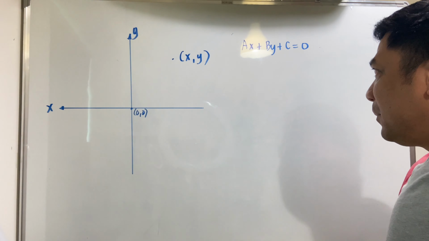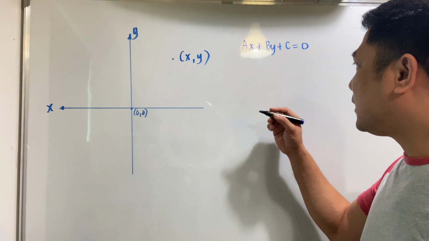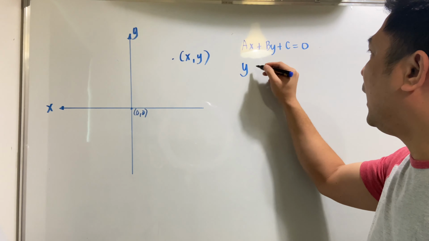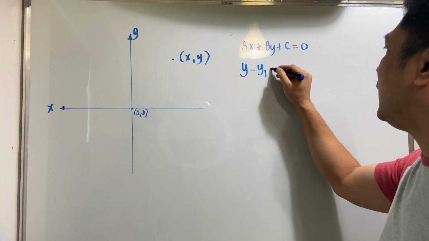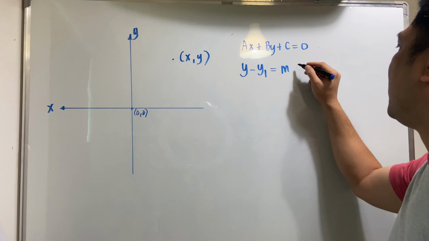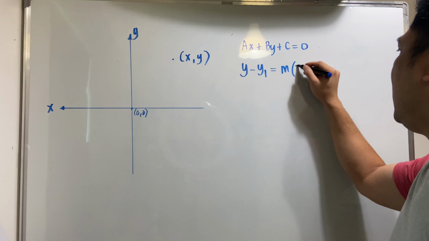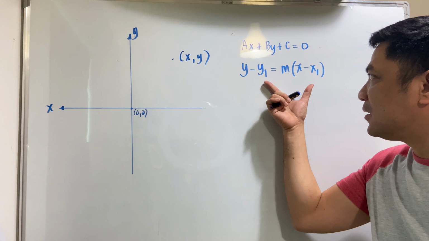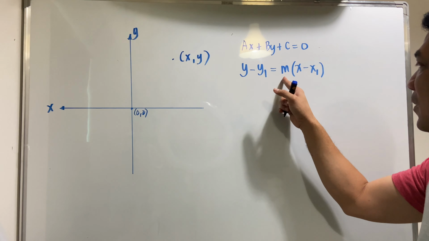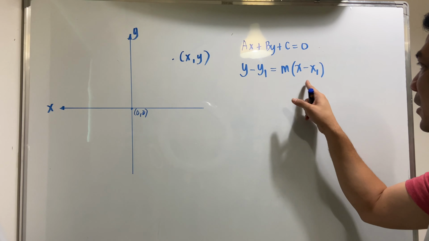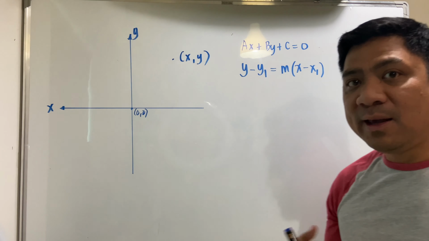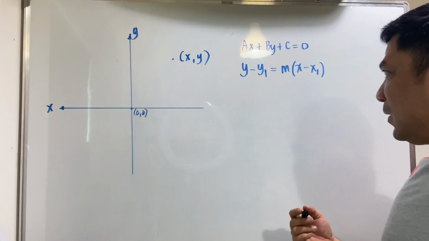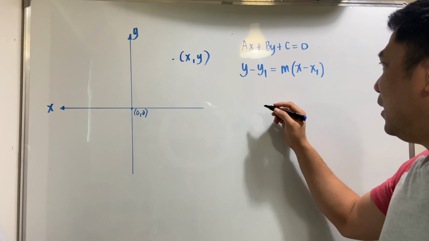One form we use is the point-slope form, wherein y minus y1 is equal to m times the quantity x minus x1. This is very useful if you're given a point and a slope. You just substitute the point and the slope and you will get the equation of the line.